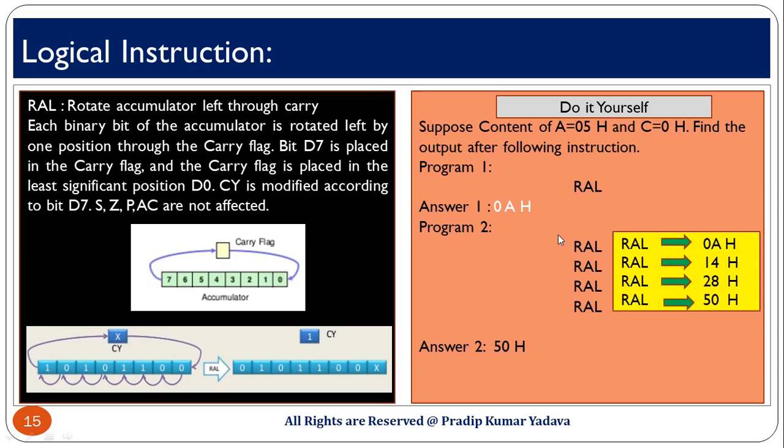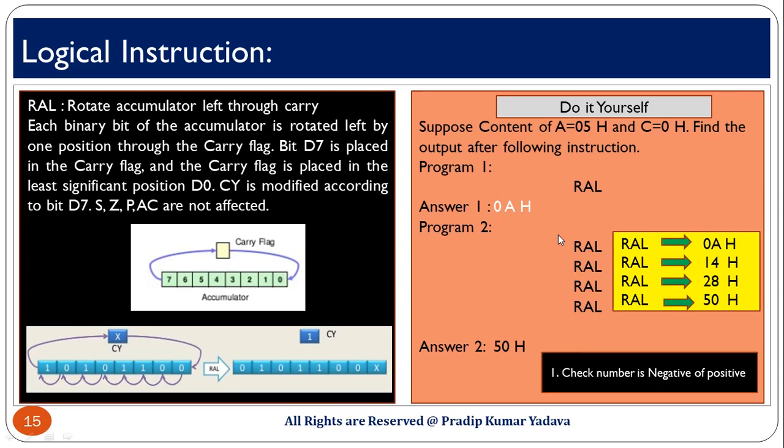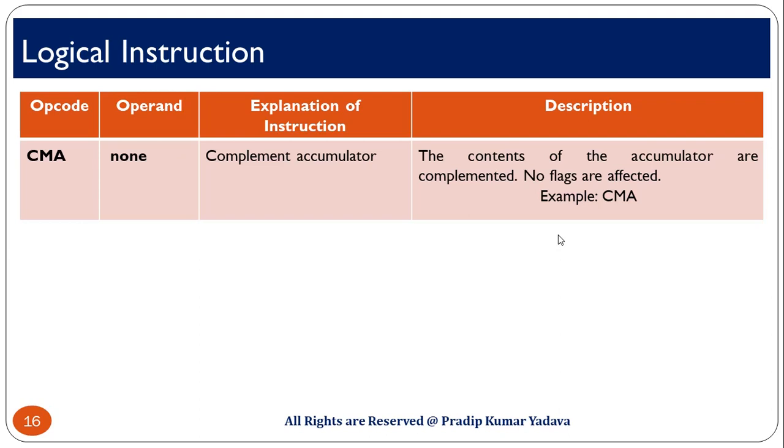So, you can use those to find negative number, positive number, even number, odd number, double, half, whatever you want. So, this is the working of all the rotate instructions, and I hope you got my point and can easily understand how these instructions work in the 8085 microprocessor.